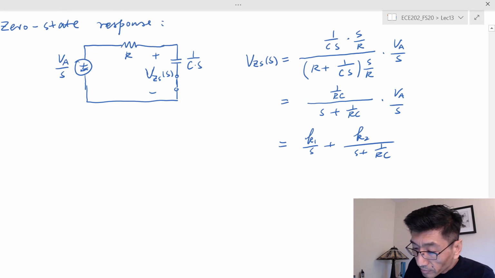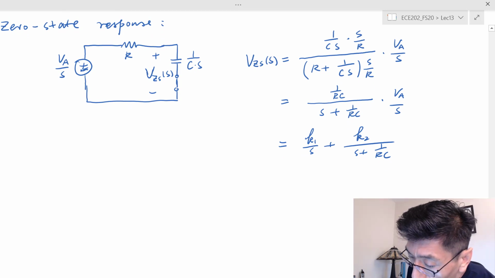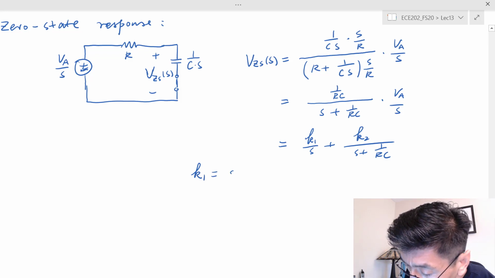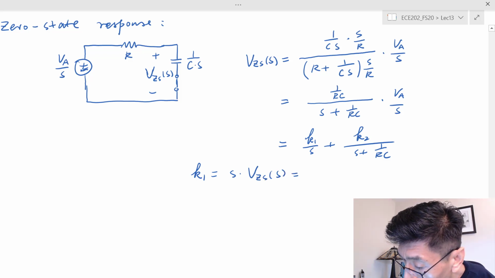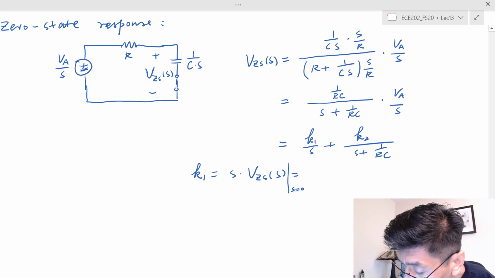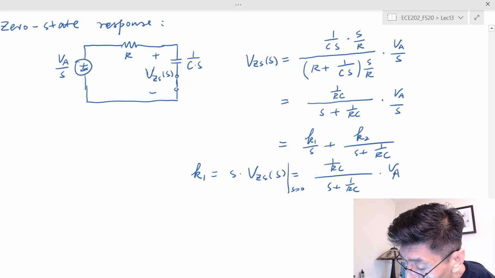And we can find K1 and K2, the residues, by using K1 equal to S times V_ZS(S). That's equal to 1 over RC, but we evaluate S as 0 at this pole, and we have 1 over RC, S plus 1 over RC, times V_A, and S being cancelled, right?